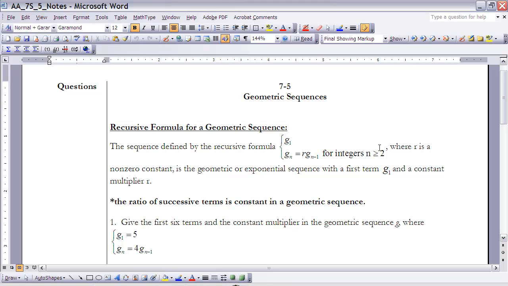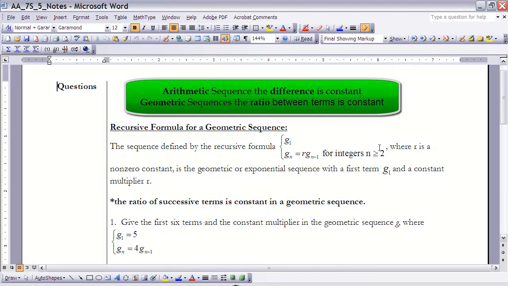Well, what does that mean? r is a non-zero constant. In the geometric or exponential sequence, with the first term g sub 1 and the constant multiplier r, r is what we call a constant multiplier. In arithmetic sequences, we know that the difference between each term remains constant.